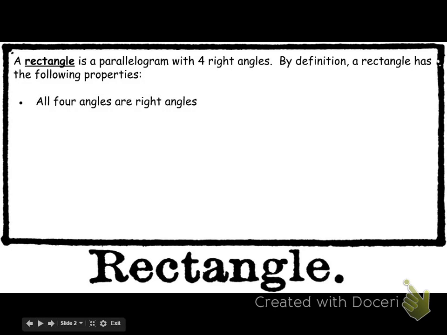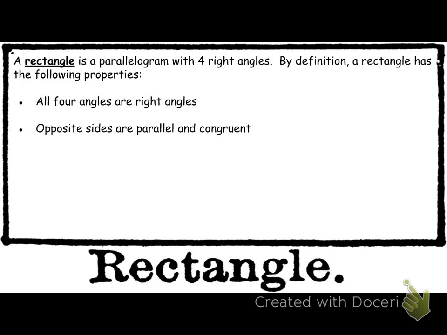Well, a rectangle is a parallelogram with 4 right angles, so what's true about it? All 4 angles are right angles. Think about it. If one's 90, its opposite is 90, and they're supplementary, which means the consecutives have to add up to 180, so if they're 90 and 90. Opposite sides are parallel and congruent because it's a parallelogram.